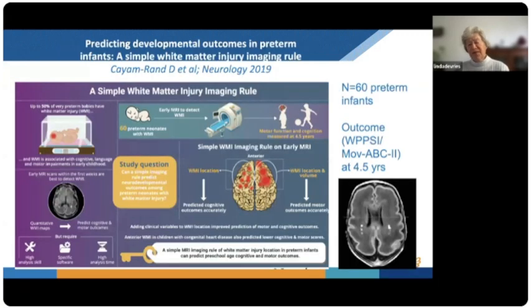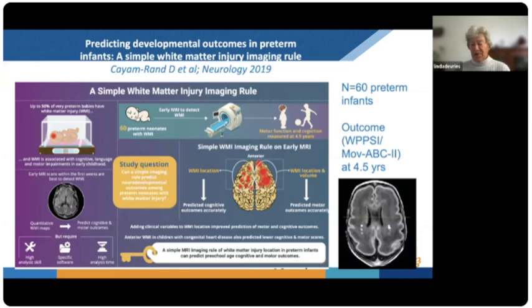Now, Stephen Miller had this nice paper some years back and said, well, it's good to make life simple. So let's make a simple white matter injury imaging rule. When you see these punctate lesions in the white matter and you go to the level of the mid ventricles and you draw this line across the middle, then only the children who had lesions beyond and anterior to the yellow line developed an abnormal outcome.